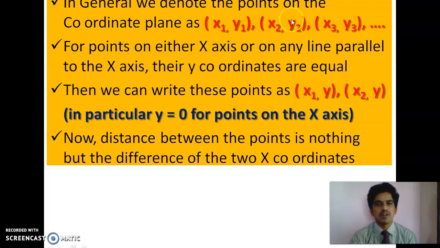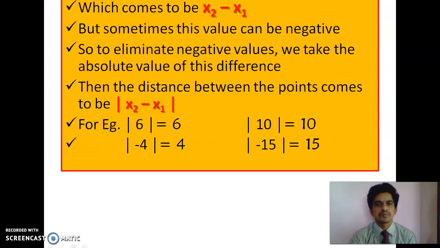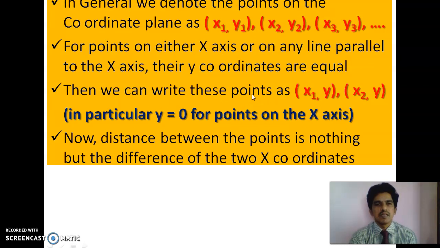Now you have a look at this. Now the points are, in general, as I just told you, denoted as x1 y1, x2 y2 and x3 y3 and so on. Now for the points either on the x-axis or any line parallel to the x-axis, their y coordinates are equal, which we have already discussed.